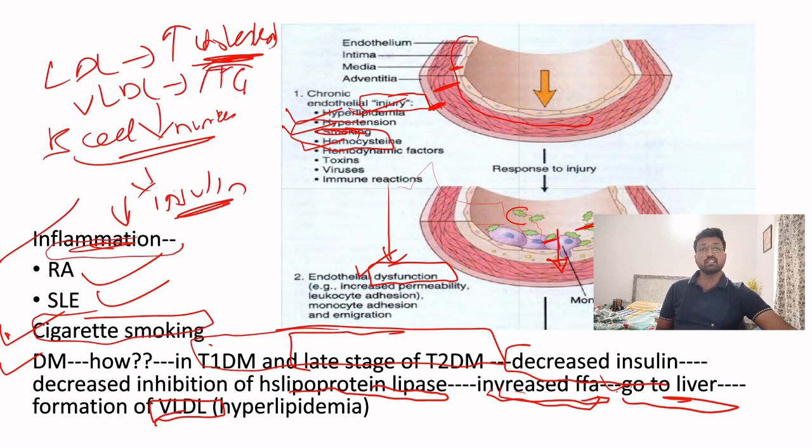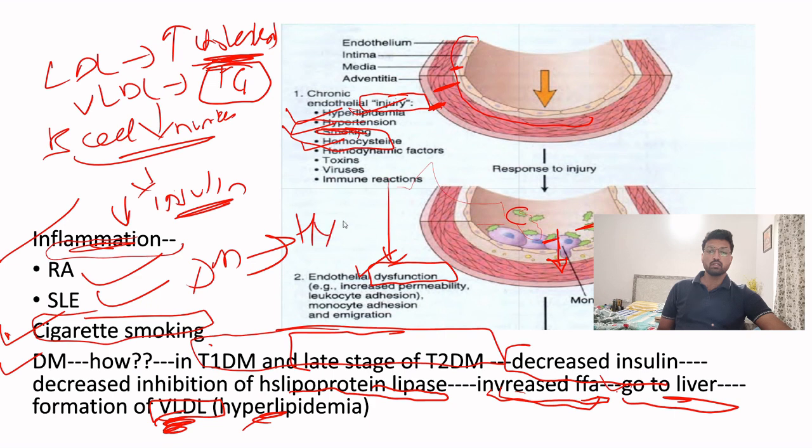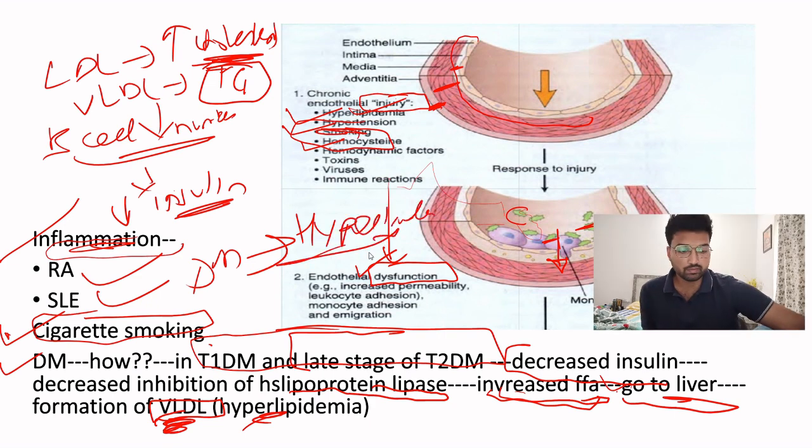Okay, triglycerides are basically free fatty acids. So when there is an increase in the free fatty acids, we are talking about increase in the VLDL. Okay, any increase in the lipoprotein is known as hyperlipidemia. So by this mechanism, diabetes mellitus causes hyperlipidemia, and by causing hyperlipidemia, it will lead to atherosclerosis.